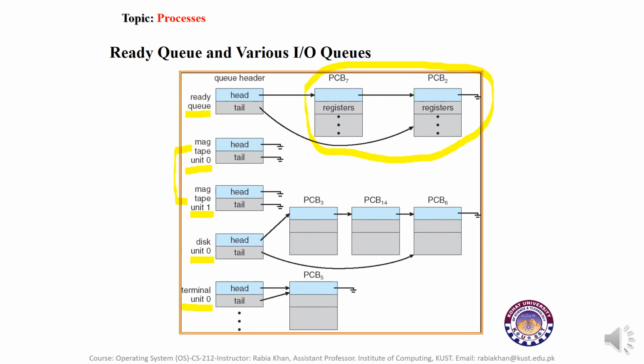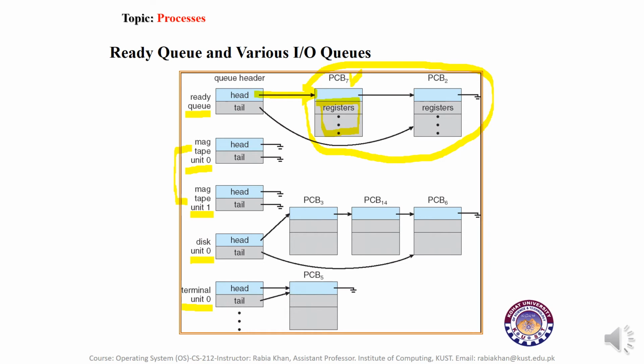So the head will point to the first process that is stored at the top of the ready queue. I am explaining the structure of the ready queue, that means the RAM. Here you can see the first process stored in the RAM is process 7 along with its PCB. All the information within the PCB is also stored along with the process.